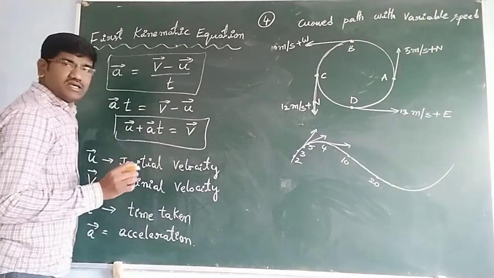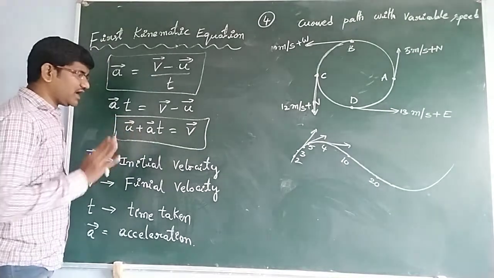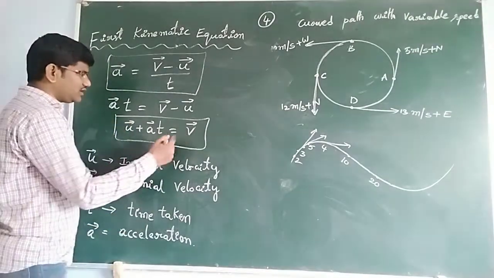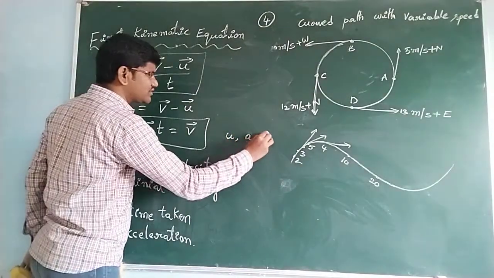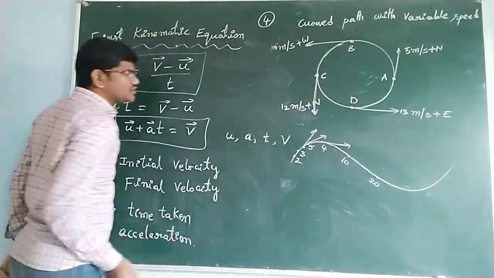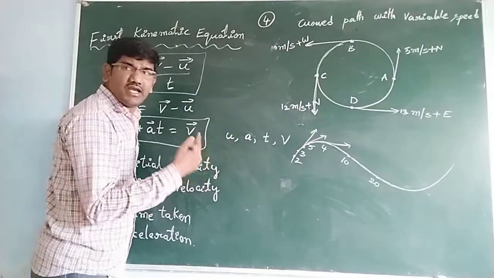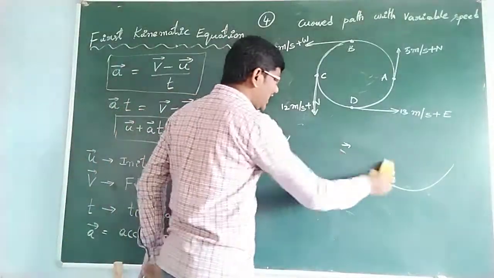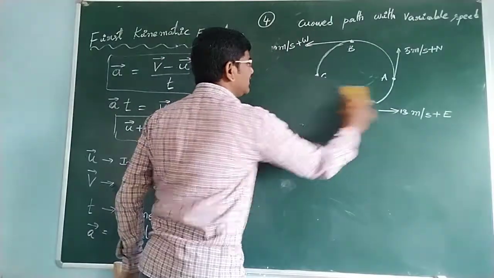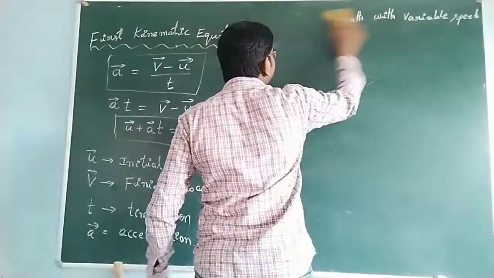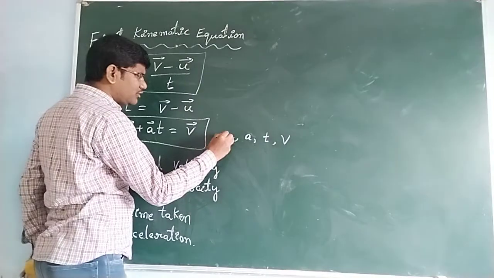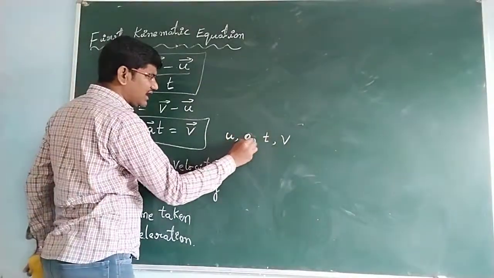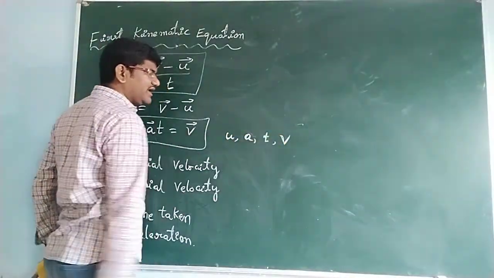And see students, in this equation we have four quantities: V, U, A, T. So we have four variables in this equation: initial velocity, acceleration, time, and final velocity.